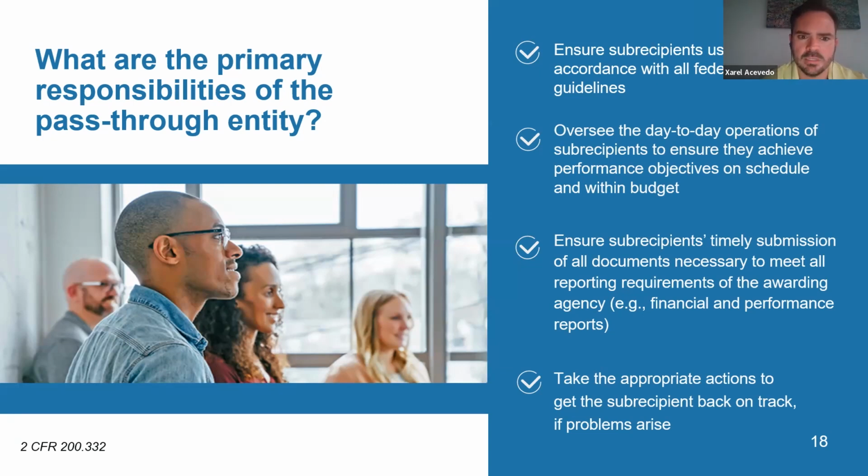All right, the third one says ensure subrecipients' timely submission of all documents necessary to meet all reporting requirements of the awarding agency. Okay, as we know, we are usually required to submit reports 30 days after the close of a quarter, and it's not a best practice to give your subrecipients the same 30 days as you have yourself.